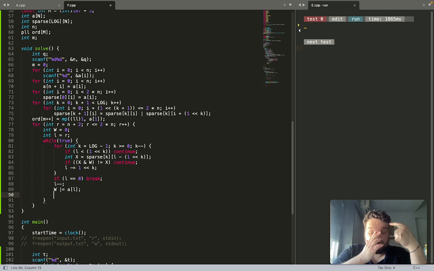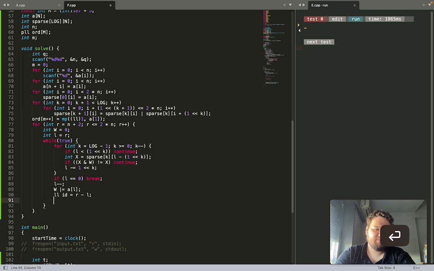And I need to calculate the position of that segment. The segment from L to R has length R minus L, and my segments are sorted by length, and inside by the right border, which iterates from 2 to n. So there are groups of n minus 1.